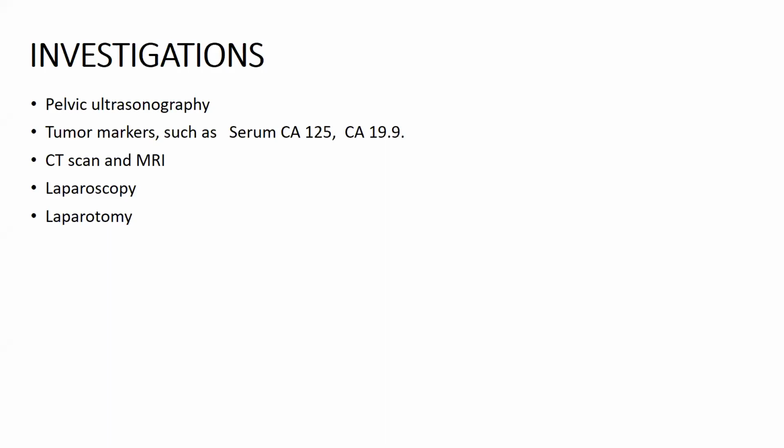But when the CA125 value is very high, like in the thousands, then it is suggestive of malignancy. Then you would go for other blood tests like LFT and RFT. If you are suspecting malignancy, you have to rule out whether the liver and the kidneys are affected. Then you would go for ultrasonography.